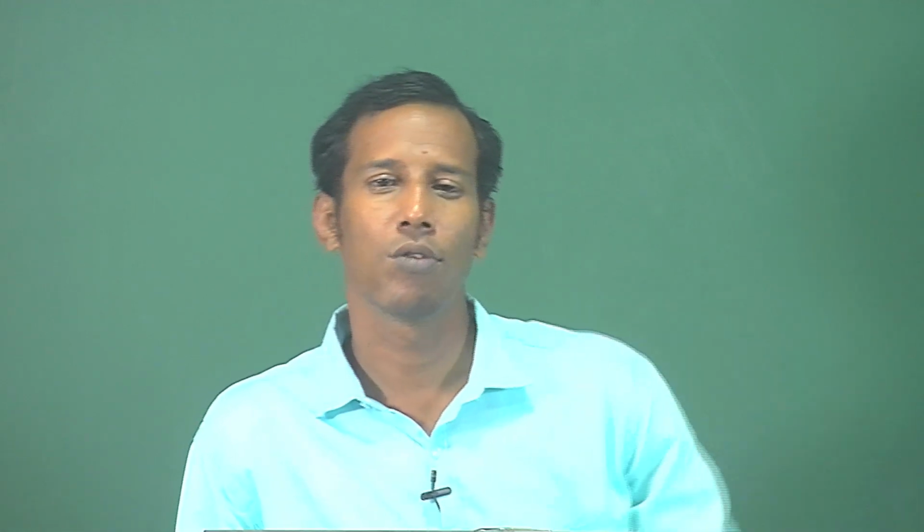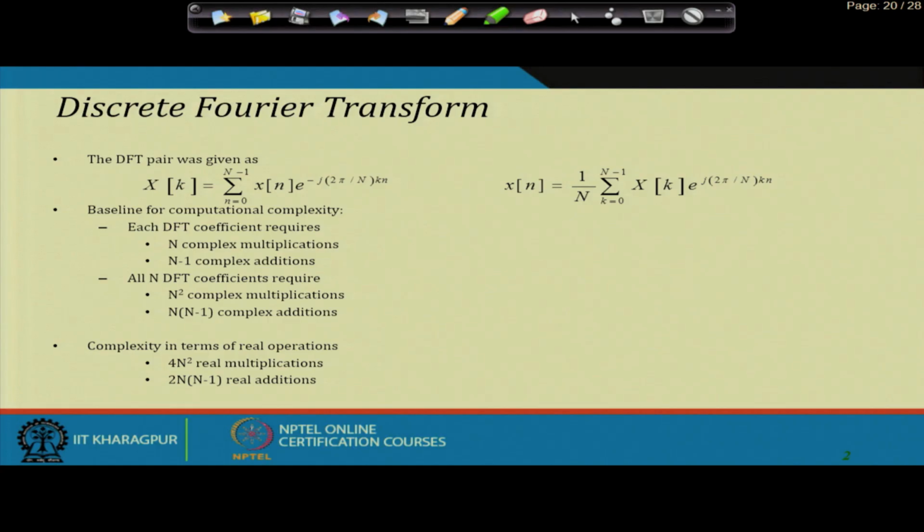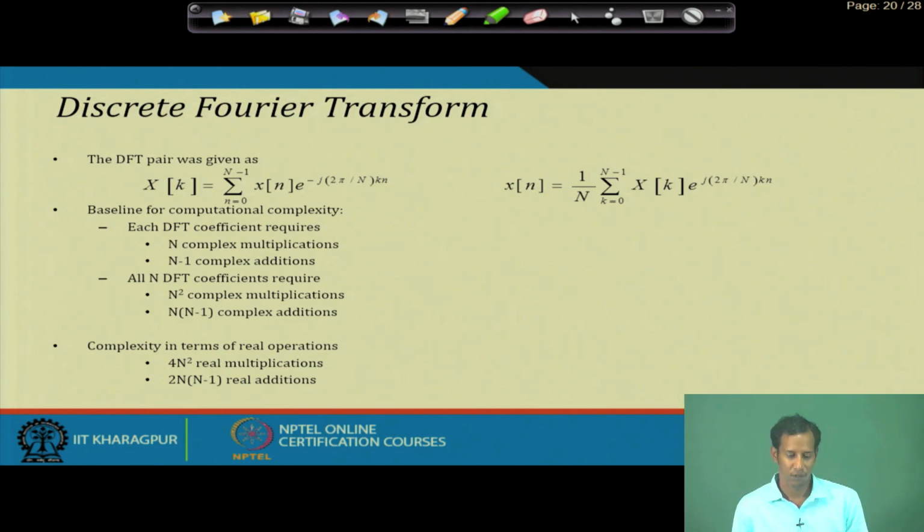First we have to consider the Fourier transform for digital signal processing, which is the discrete Fourier transform. This is the equation for the generic discrete Fourier transform.